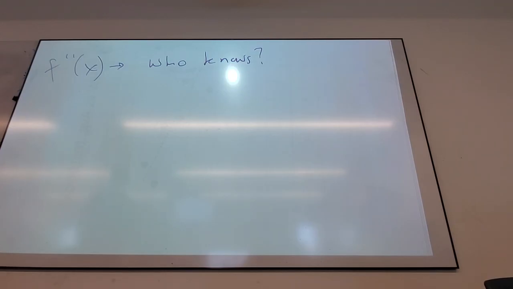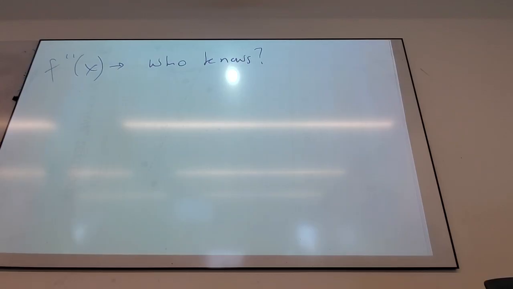So what is f double prime then? It is the derivative of f prime. F prime tells me how quickly f is changing. F double prime tells me how f prime is changing. So it tells me how quickly the slope itself is changing. So for a line, does the slope change?